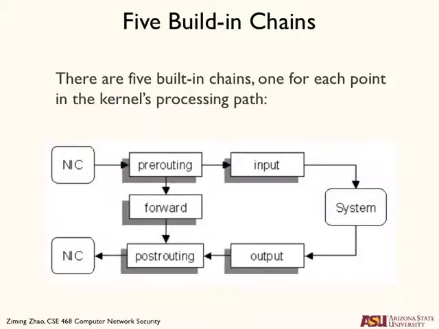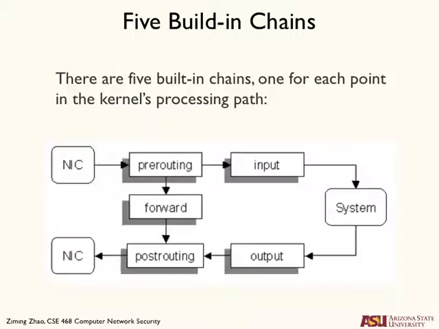For example, if a packet comes into your system, the system will first decide if this packet is for me, or if I am a router and I should route this packet. If the packet is for me, the system will process it, check the IP headers and the TCP headers, and decide which process to give the packet to.